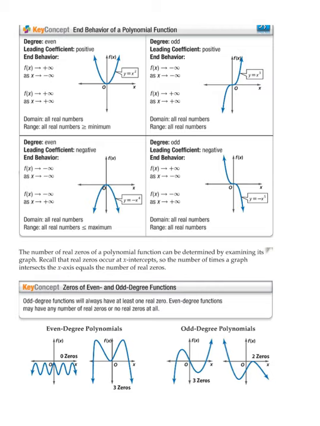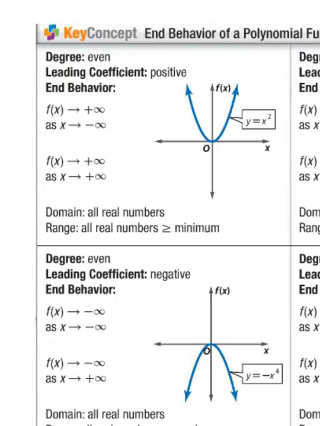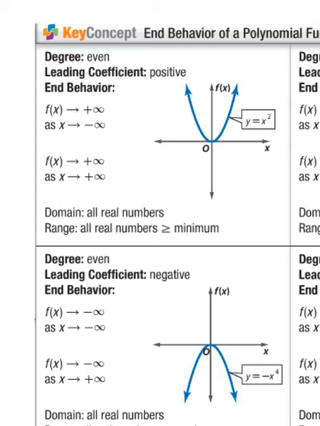So end behavior of a polynomial function, guys. Let's look at each example. I'm going to zoom in on each example. This function, let's look at the right half of the graph. That's positive infinity. That's an increase. So as x increases, they've got some answers over here on the left, but we're going to put it in our new language here. As x increases, what's the blue line doing for the right part of this function? The blue line is going up.